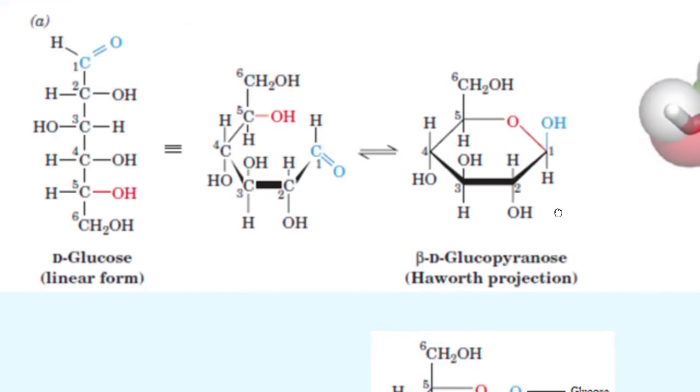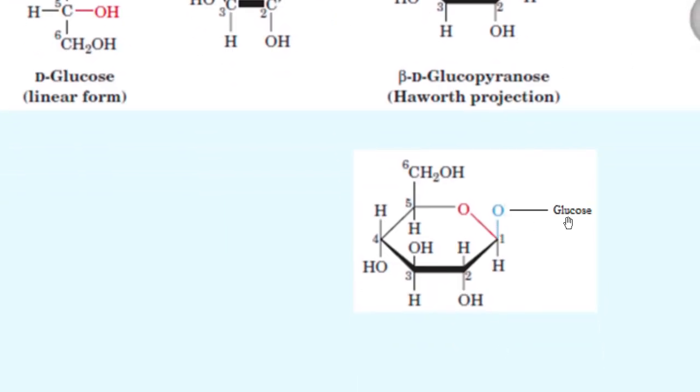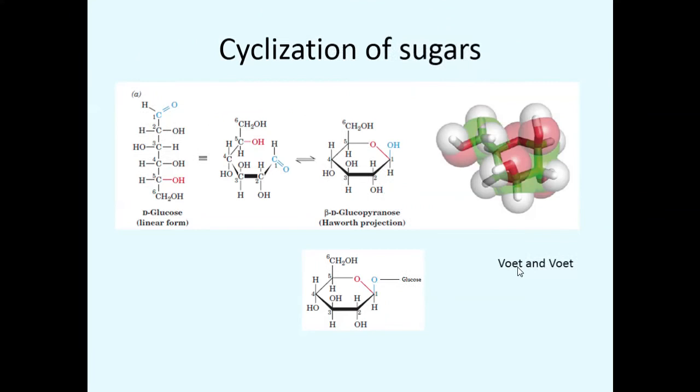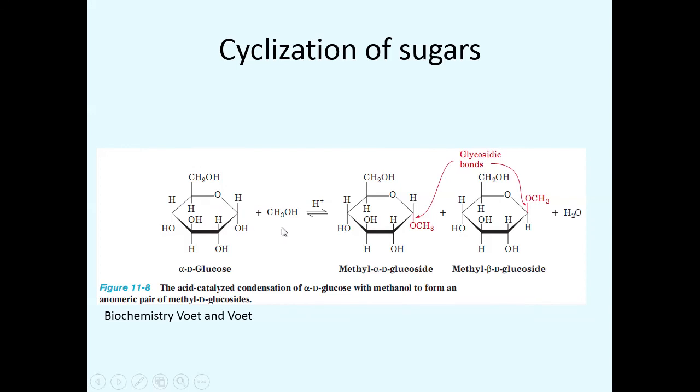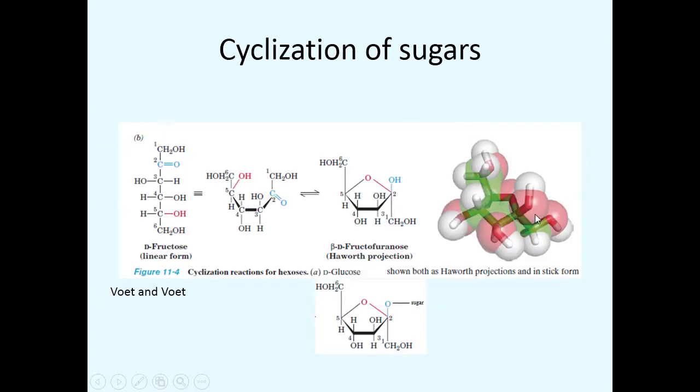When glucose forms a bond with another monosaccharide through this hydroxyl group, the aldehyde carbon now becomes acetal. This figure shows a condensation reaction between cyclic glucose, hemiacetal, and methanol. After condensation, the bond formed is called a glycosidic bond. Typically, a glycosidic bond is formed between 2 or more monosaccharides. When forming a glycosidic bond, the aldehyde carbon now becomes acetal.